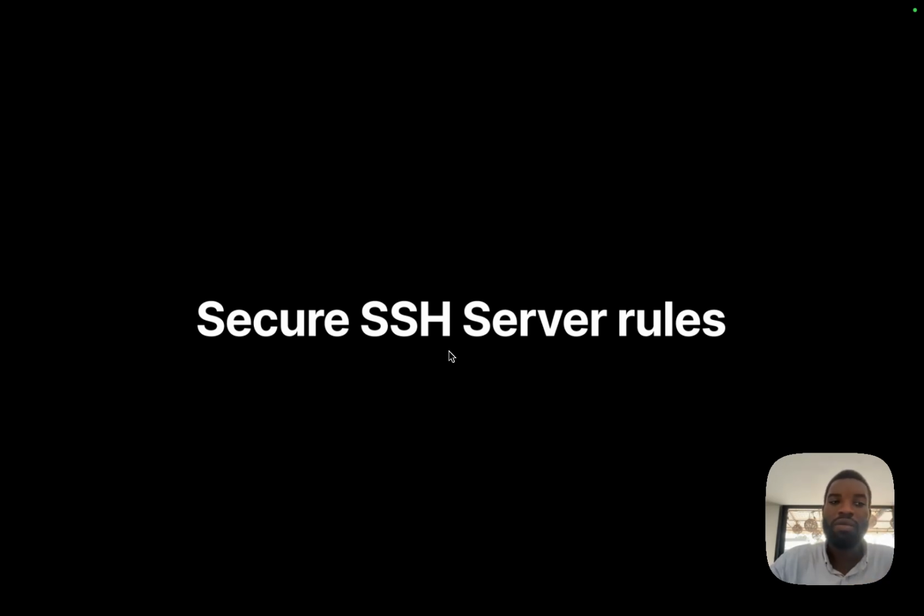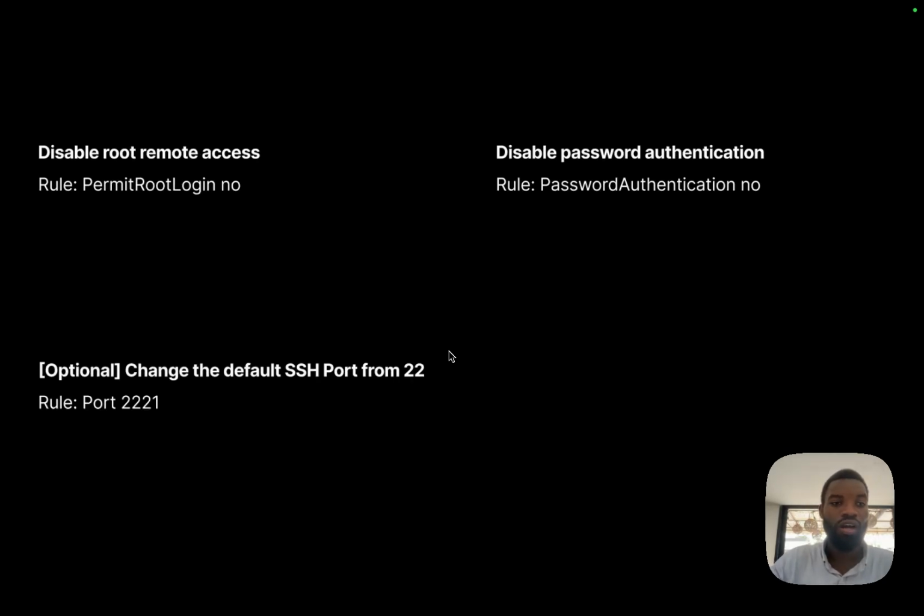Typically there are certain rules that you'd want to have in place for a more secure server setup, so let's look at a few of these, primarily just three. The first one is disabling remote root access. This rule states, can a user connect to this remote server as a root user?